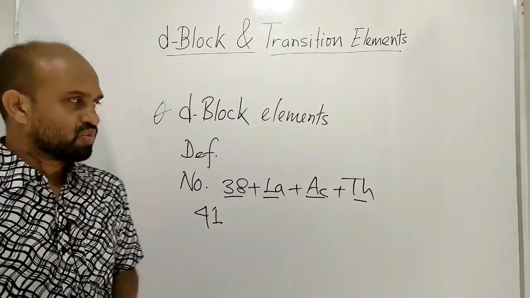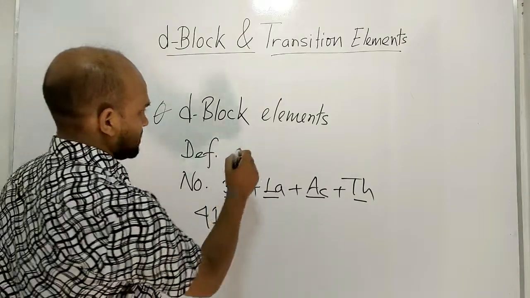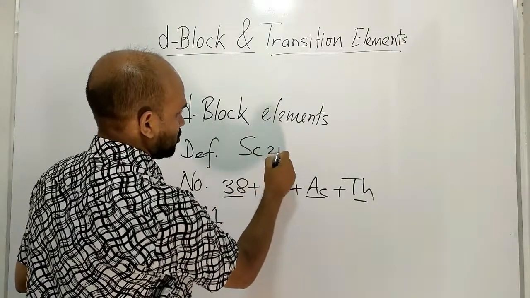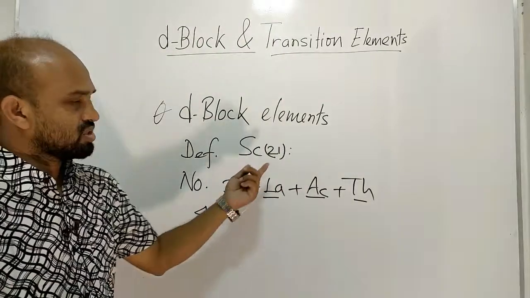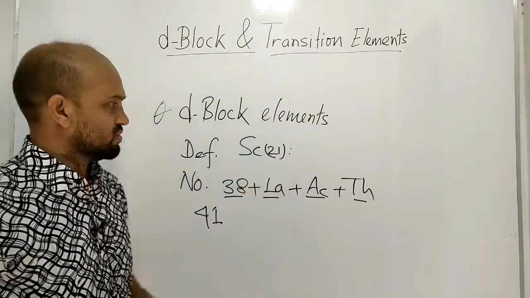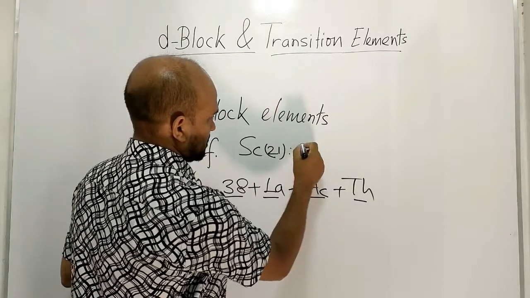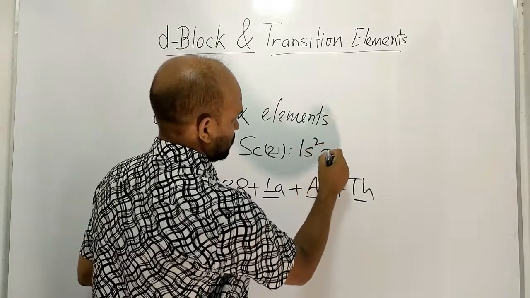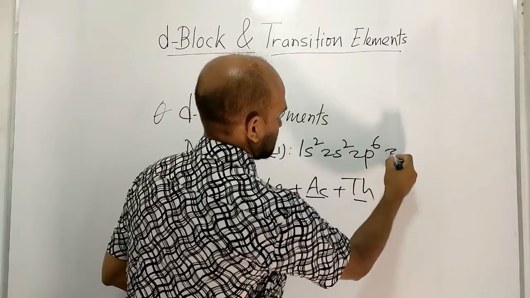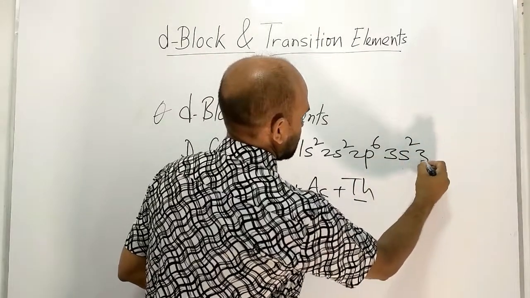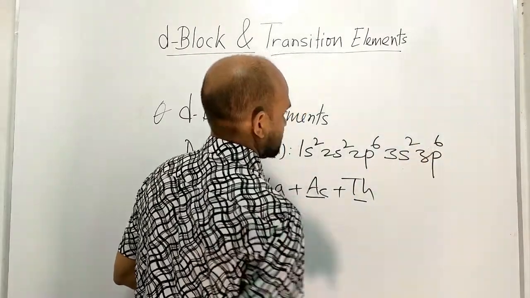Let's see one example, that is scandium 21. Here the last electron is the 21st electron. Electronic configuration is 1s2, 2s2, 2p6, 3s2, 3p6.